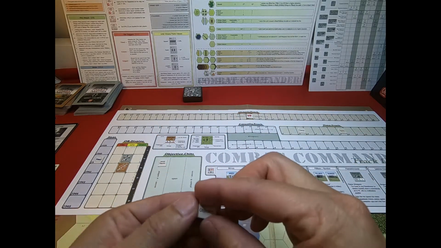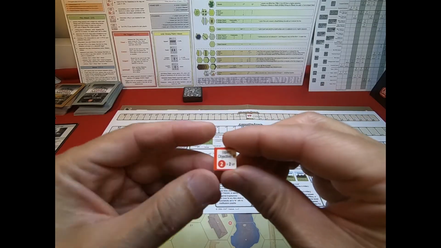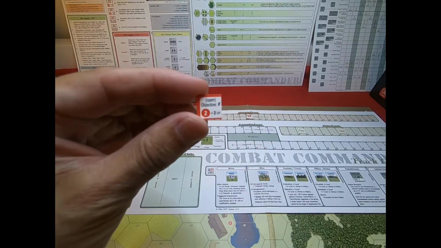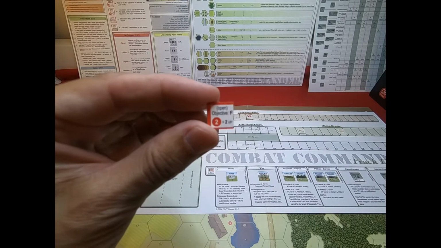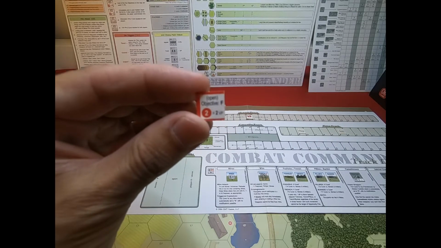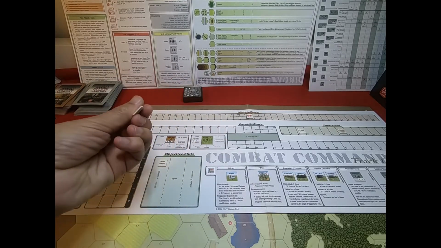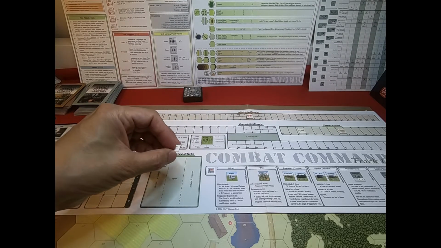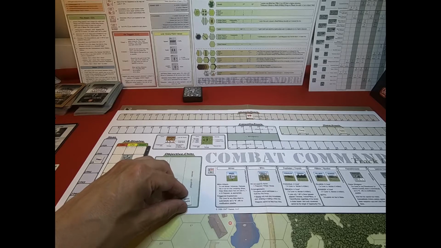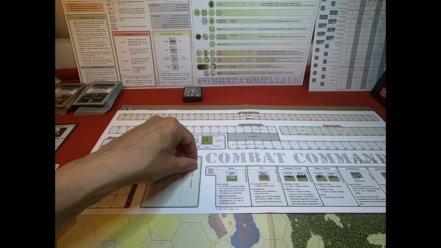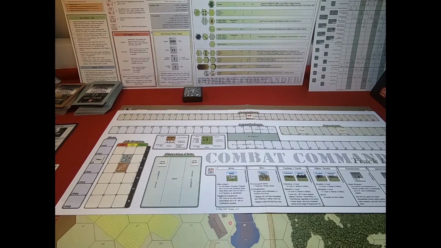This time, another secret objective. Objective F, in this case, the location number 2 has a value of 2 victory points. And the Axis player is placing his marker on his space, space B.